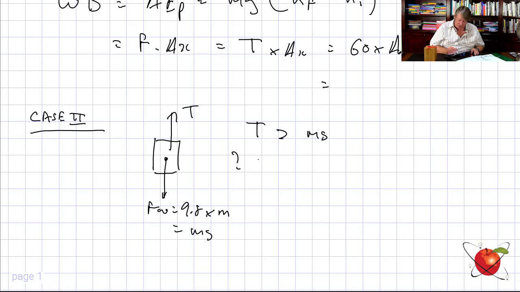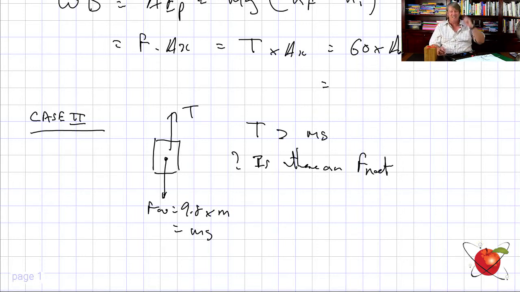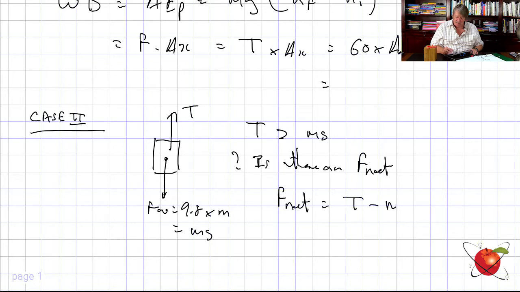We always ask the question, is there an F net anywhere? If it's accelerating up, there must be a net force up. We say, therefore, F net is going to be equal to T minus mg, which is actually equal to ma. All right? Therefore, we have an acceleration upwards because I'm pulling up with more than I'm pulling down, right?